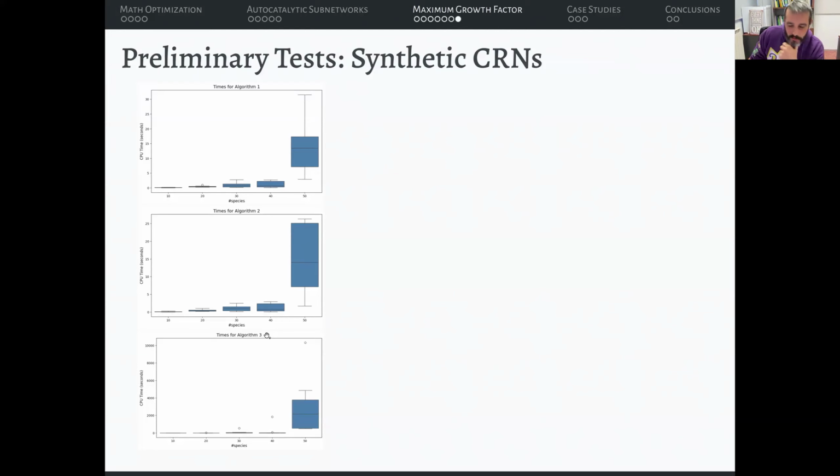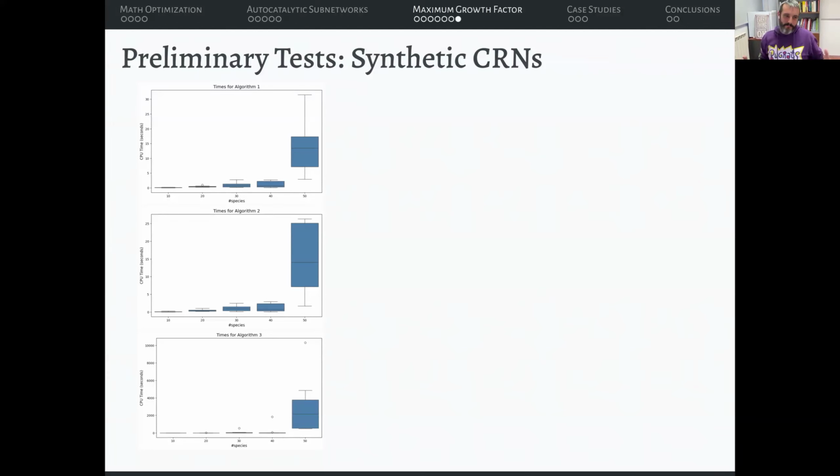And then the third algorithm, which also requires finding the subnetwork itself, requires in some cases 10,000 seconds, but on average less than 1 hour for the 50-species CRNs, right?